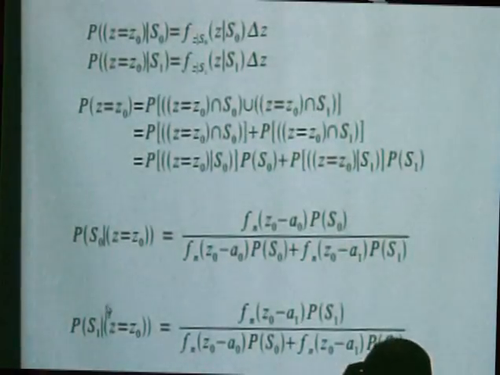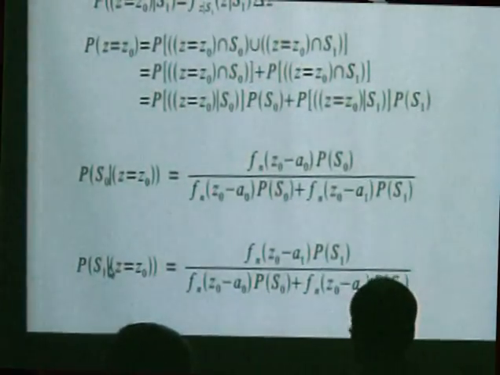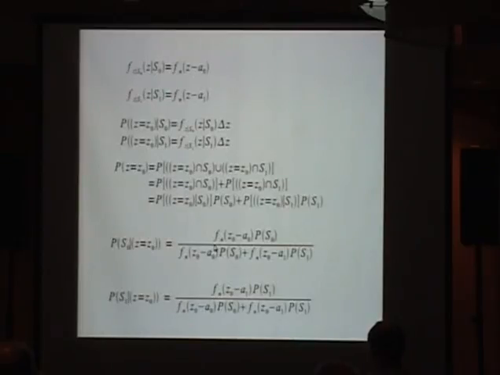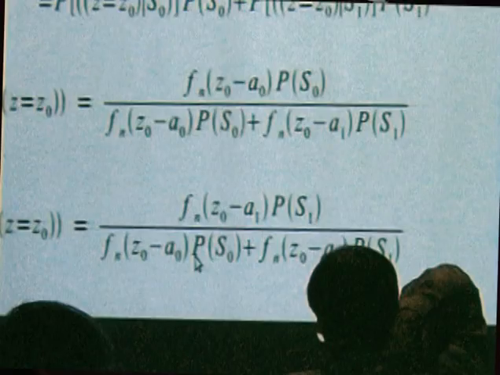You can also do the same thing for the probability of S1 given that you received a specific Z0. Look at the bottom: the denominator of this equation is the same as the denominator of that equation. So if I compare the two, I want to figure out which one of those two is the biggest one, and that's what I want to say was sent. Once I receive something, I want to pick the one with the biggest probability of being sent given what was received.